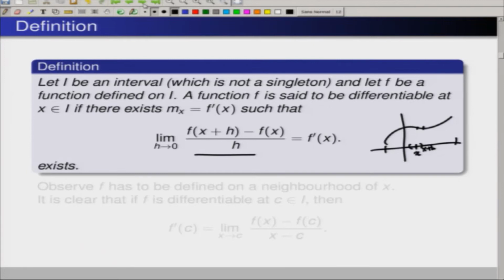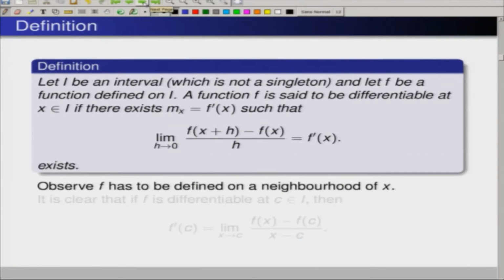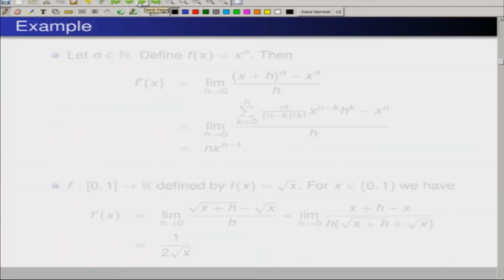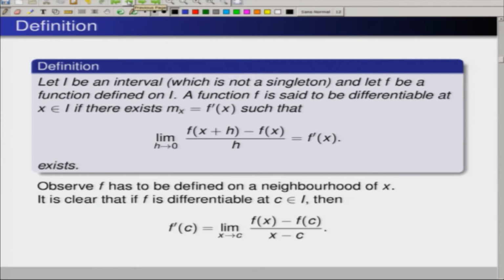Now, as you can see, here we are talking about the limit, that means our f needs to be defined around such a point.